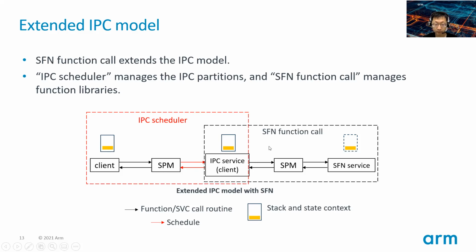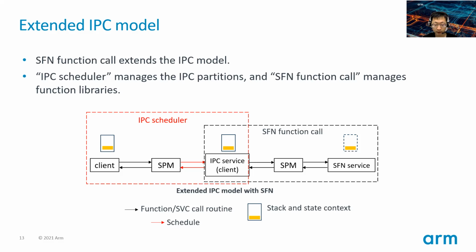The black box on the right is the SFN part. We assume that an IPC service needs another SFN service. At this time, its role becomes a client. Since the target service is an SFN service, the request to the service is finished following a library-like mechanism.